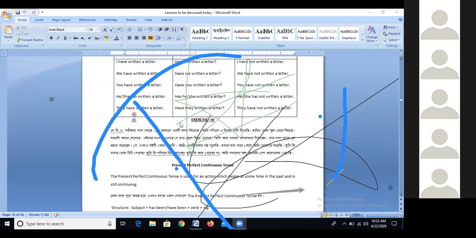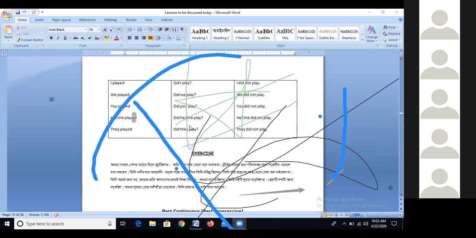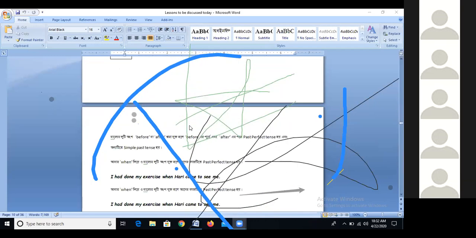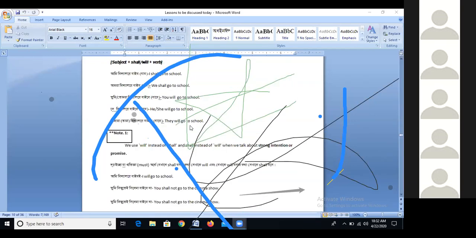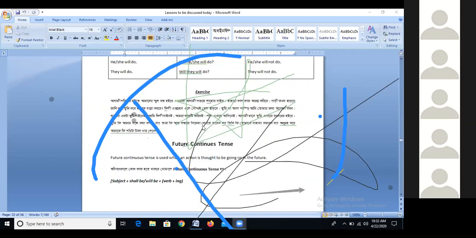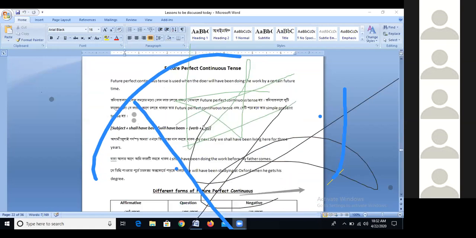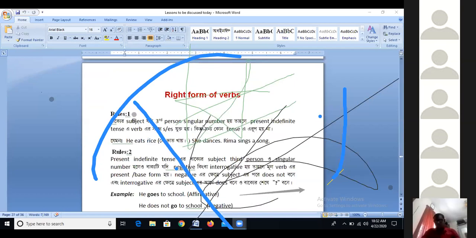Now I will take you to our main discussions, that is right form of verbs. I have prepared some rules for you, and I believe if you can read these rules very minutely and try to understand different things there, then I think it will be easier for you to solve the problems.